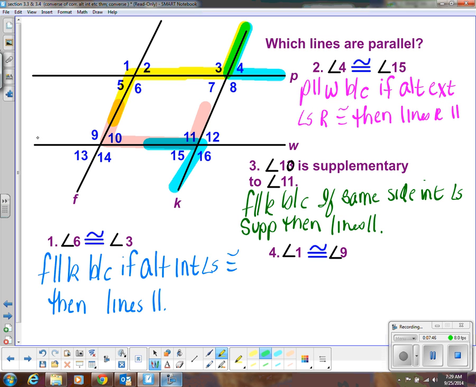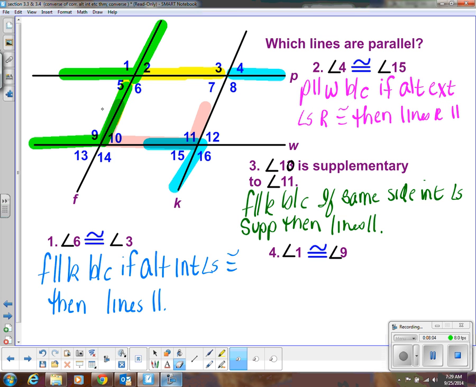Now we're going to trace the sides of 9. There's 9 and 1. Okay, so you need to ignore this because it's green. We're going to ignore that green one. So that's what we're looking at. So which lines are parallel, Amanda?